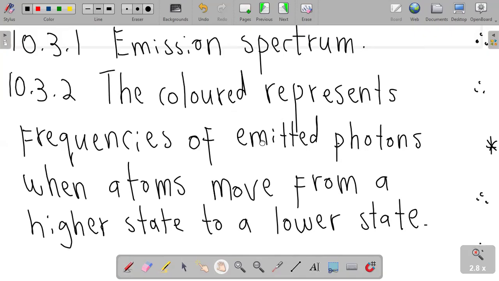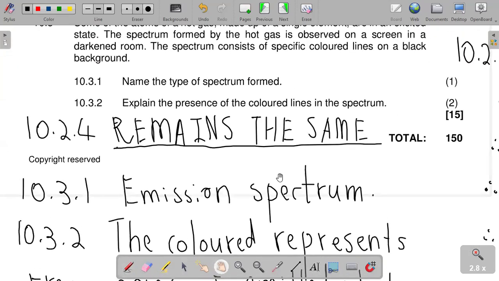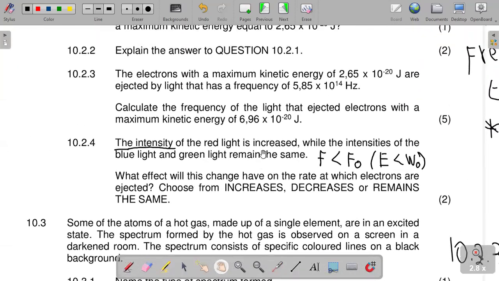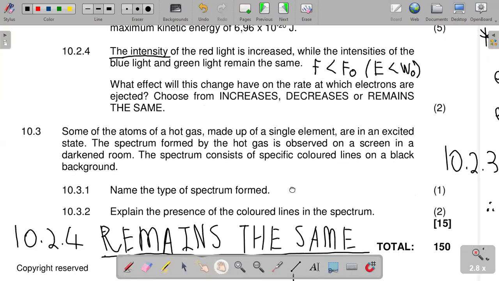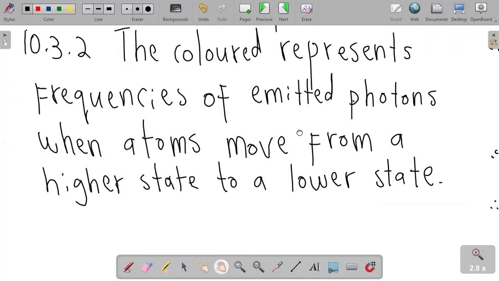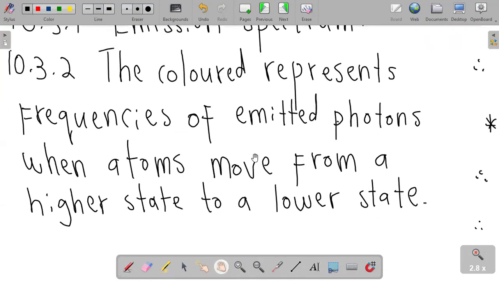As we have observed in this question, some colors can be red, some can be blue, some can be green. The color of the light will depend on the frequency of the light being emitted from the atom.